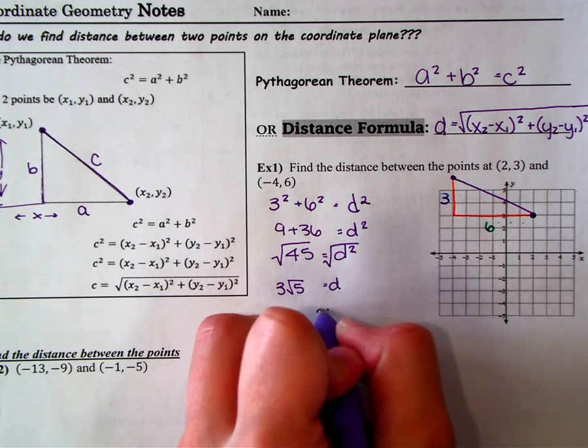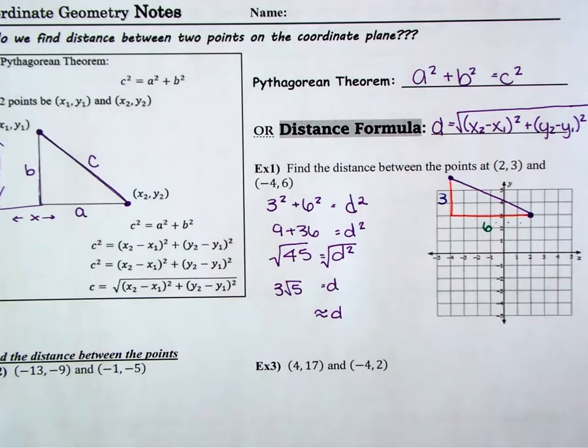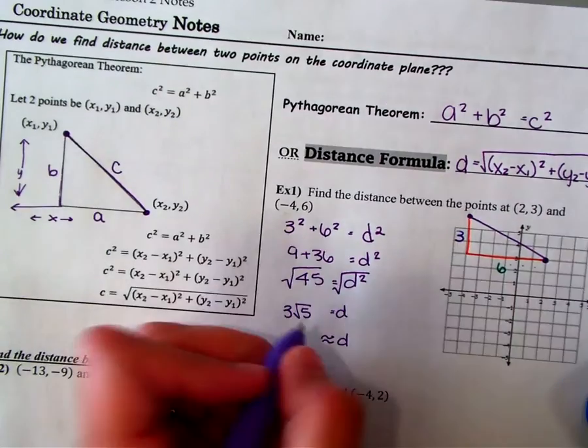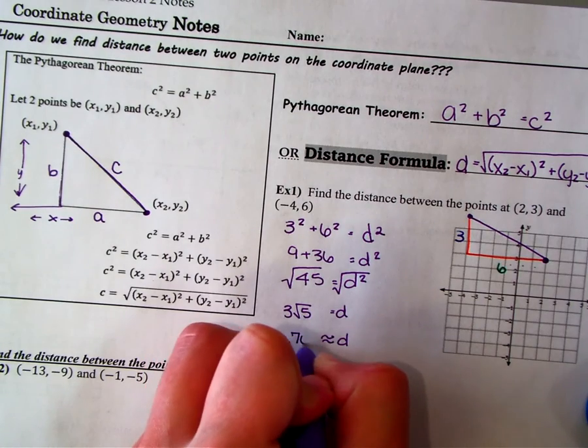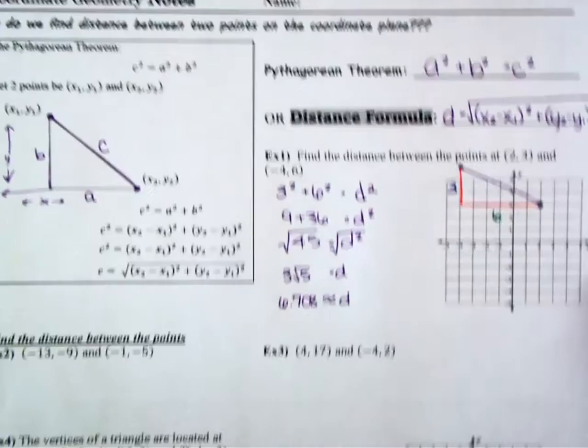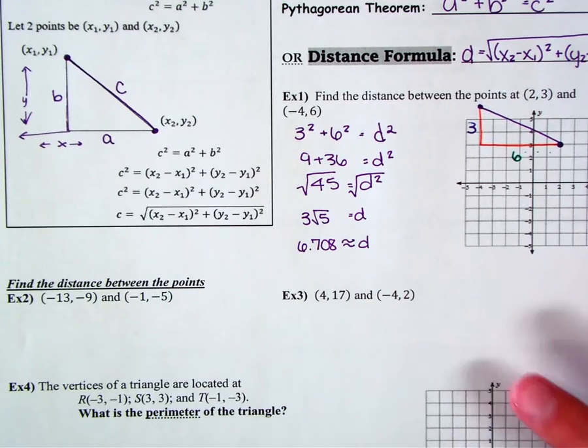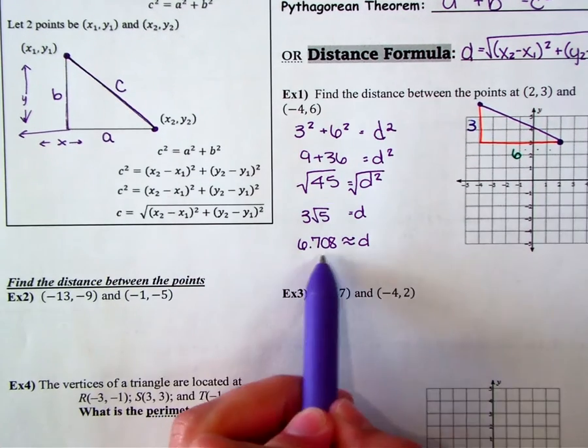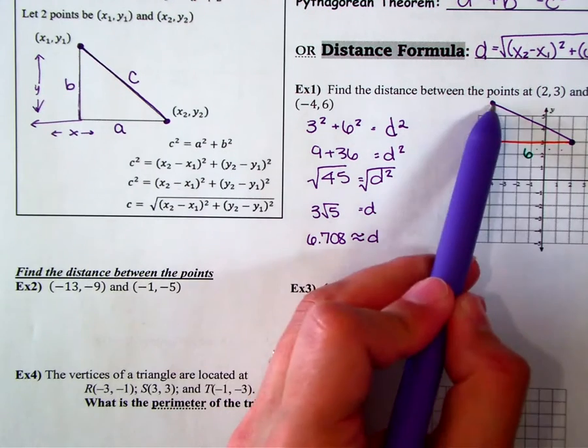We can also approximate it: the distance is 3 times the square root of 5. Plug it in your calculator and find the decimal. I'll do that really quick, and we find that it is 6.708. That makes sense because your hypotenuse is always the longest side of your triangle.